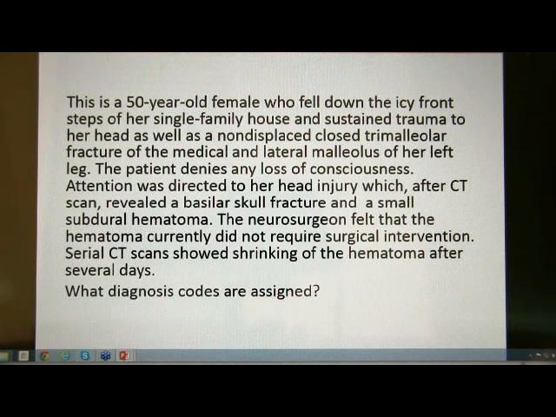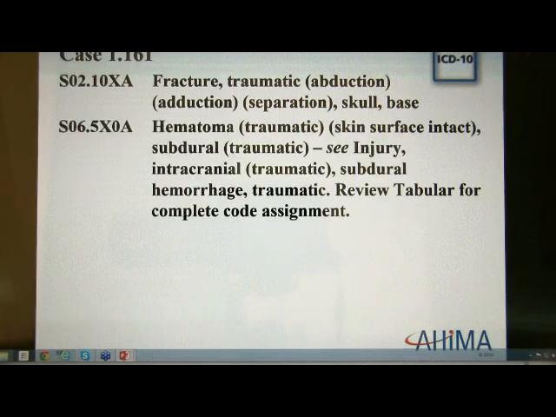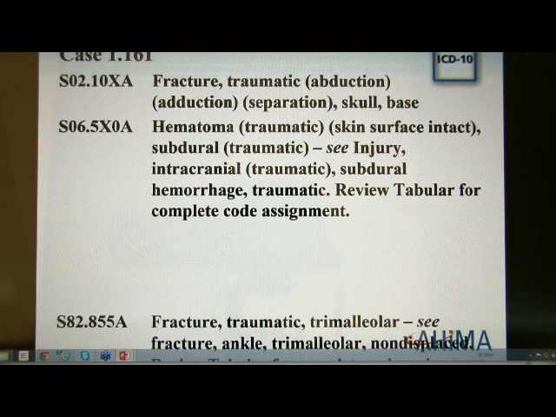So again, this patient's got multiple injuries, and we have the cause. So we're going to start with what would be considered the most severe injury, which would be the skull-base fracture. And again, that seventh character A for the initial encounter, along with the hematoma, initial encounter with the A. And then we have the fracture of the ankle there, the non-displaced fracture.